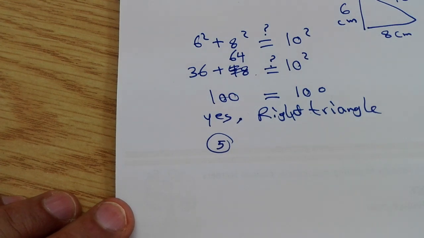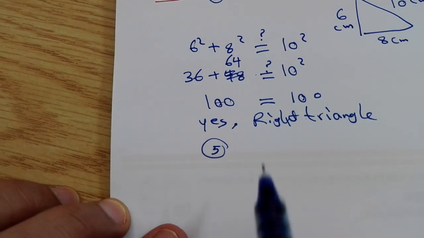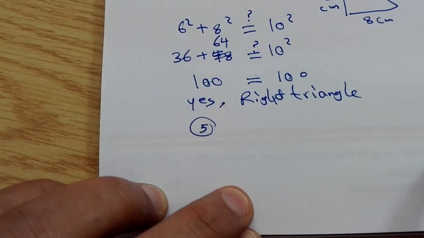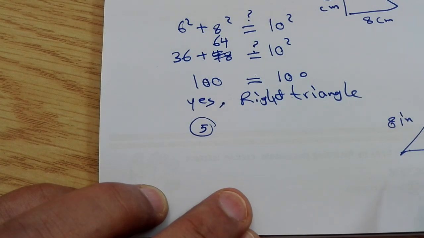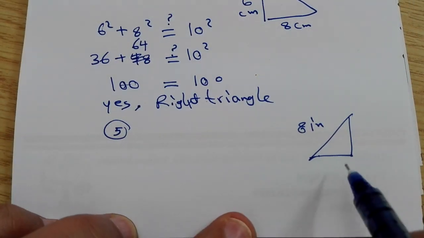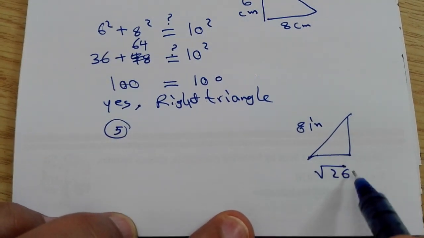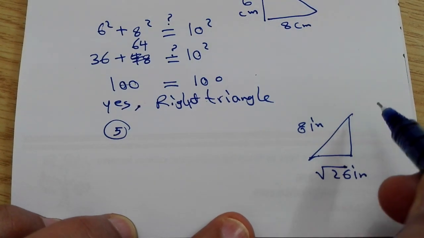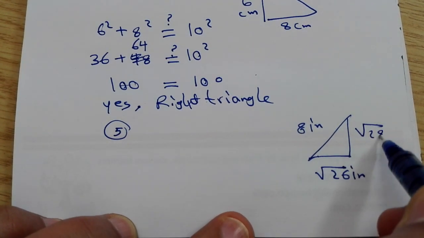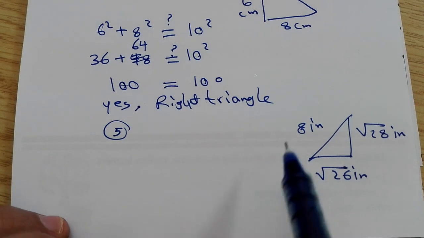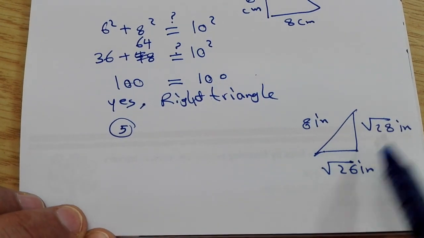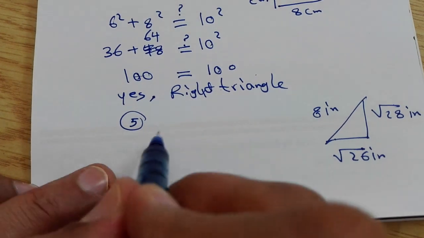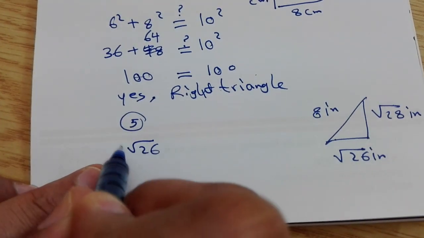Of course, from the figure, we have 3 sides: 8 inches, 26 inches, and 28 inches. From the figure, 8 is the shortest side, so use the two other sides.